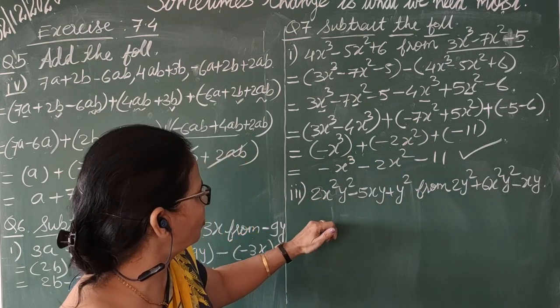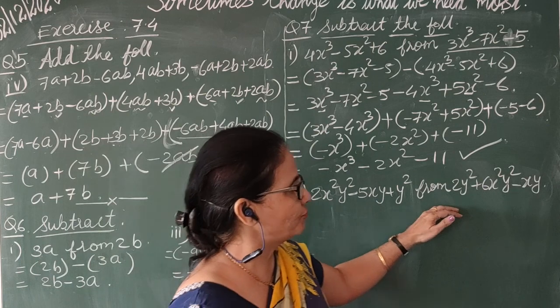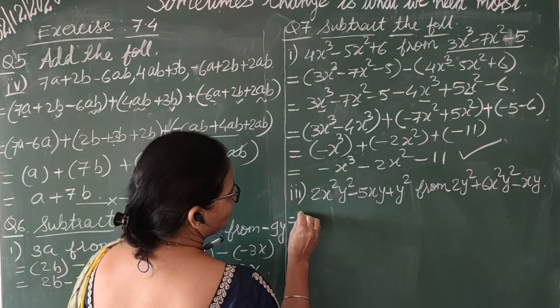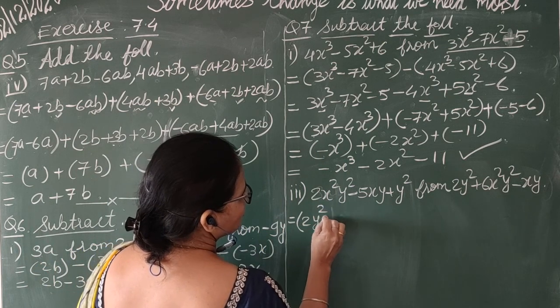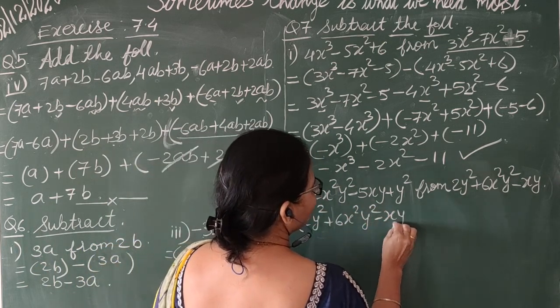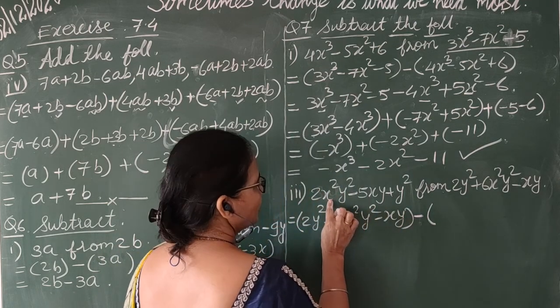Now let's check out this. Again the heading is subtract the first expression from the second expression. This is your third example. So in the same way you have to proceed. The method is easy, and this is your horizontal method. From this you have to subtract, so put the subtraction sign. Which one?